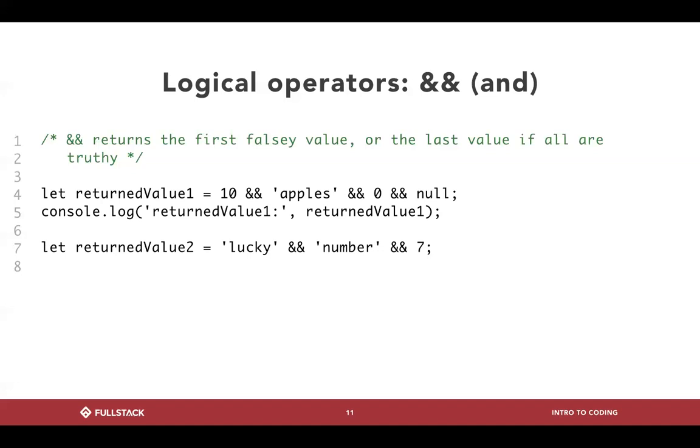Here we have lucky, we have the string number. Both of those are true. And then we have 7, and 7 is also true. So we go true, true, true. Return the value 7. So now return value 2 is equal to 7.